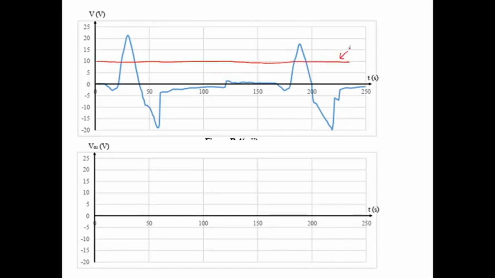So this is your VUTP at 10 volt, and this is VLTP at minus 5 volt. For the Schmitt trigger, we start drawing the output, so you need to know the initial output voltage. It is given in the question: the initial output voltage is 15, which is plus VCC.